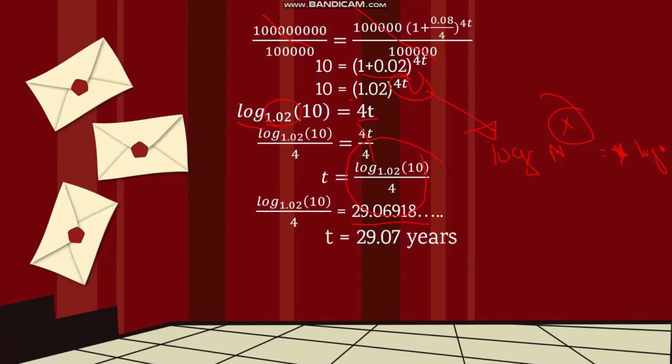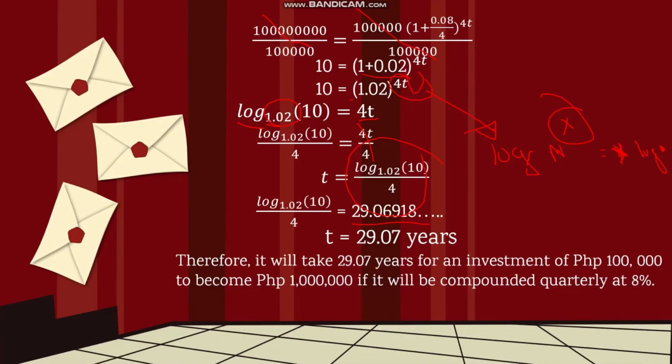Let's put 2 decimal places in our result: 29.07 years, rounded off. So, to sum up everything mentioned above, it will take 29.07 years for an investment of 100,000 to become 1 million if it will be compounded quarterly at 8%.